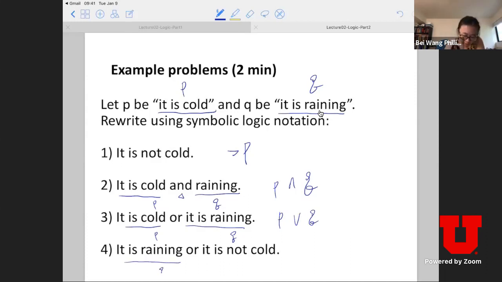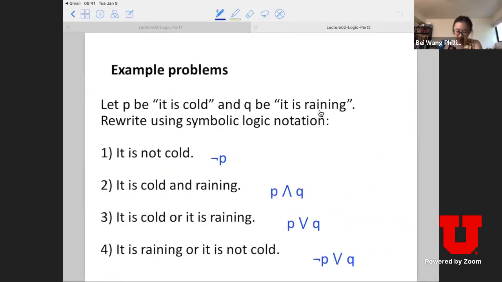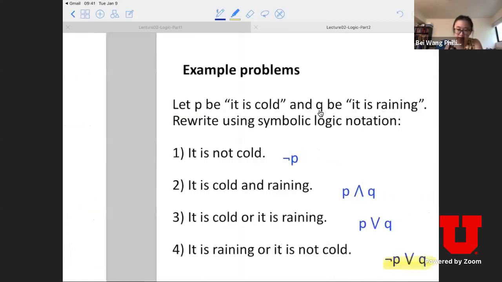So it is raining is Q. It is not cold is the negation of P. So it's going to be Q or not P. Sometimes you don't have to write the parentheses. Notice a slight difference here, but we know that a commutative rule means that those two things are logically equivalent. So both are correct.